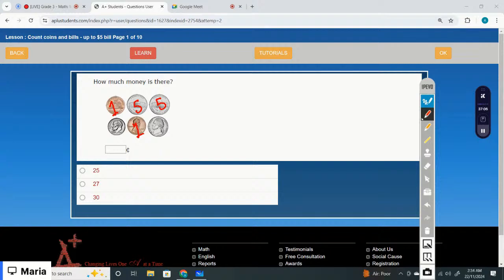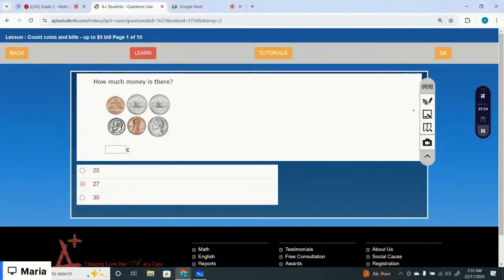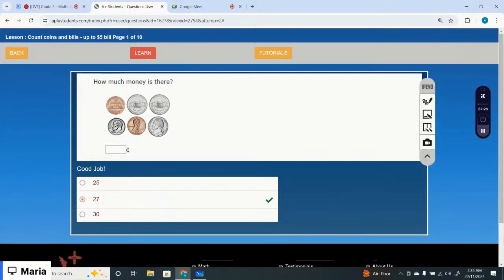Then you can count the nickels by 5. This is 10, right? And this is also 5. 10, 15, and then 25, 26, 27. The correct option is 27. Option number 2 is the correct option.